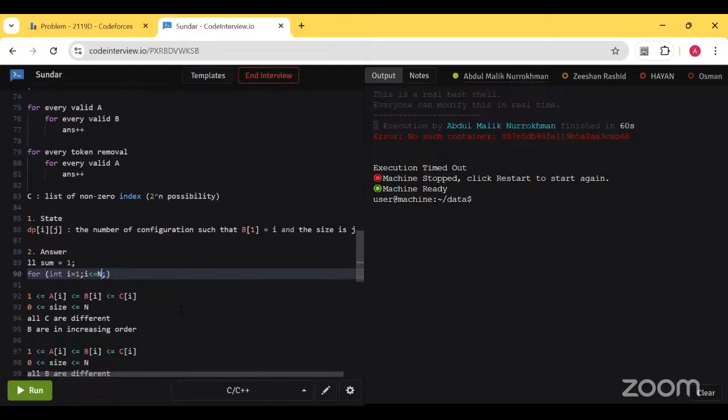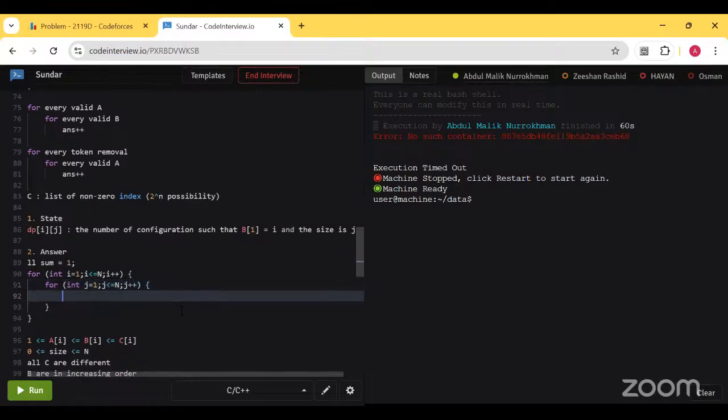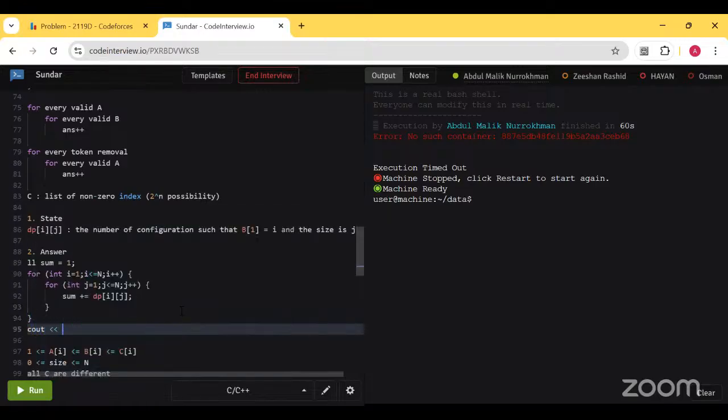The first value can be from 1 to n, and then the size can be 1 to n as well. Okay. Basically, it is like this.